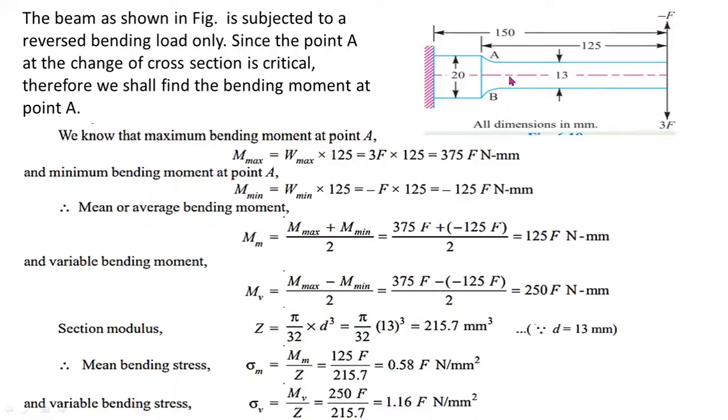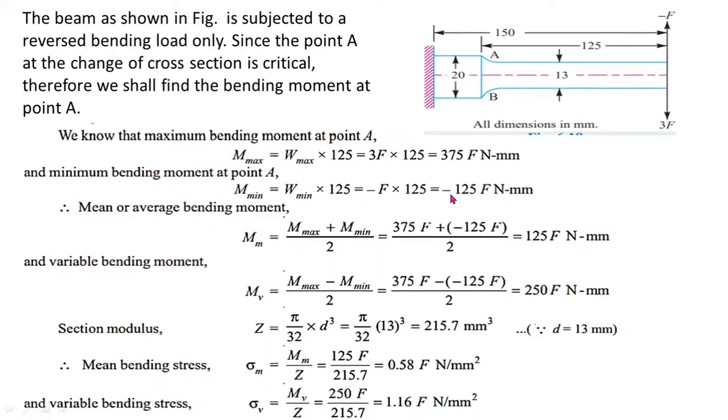So maximum bending moment at point A equals 125 into maximum load 3F, which is 375 F. Minimum bending moment equals minimum load minus F into distance 125, equal to minus 125 F Newton mm.